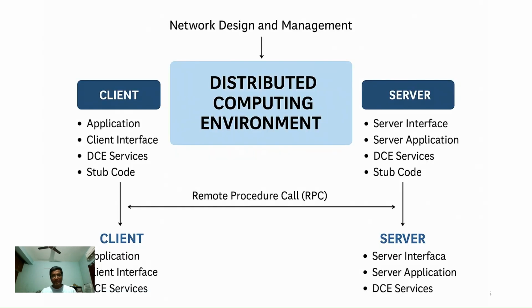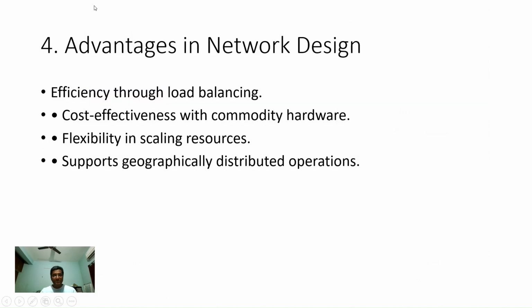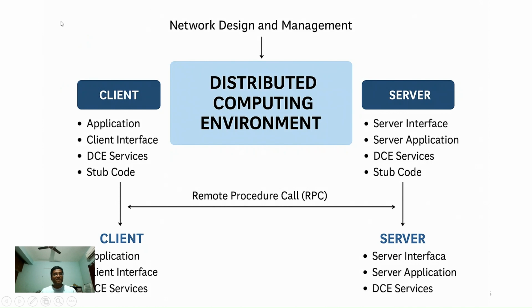And yes, what we can visualize is the distributed computing environment. As we said, it's a process between the client and the server. Under the client, we have the application, the client interface, the DC services, and the stub code. Under the server, it's the server interface, the server application, the DC services, and the stub code.